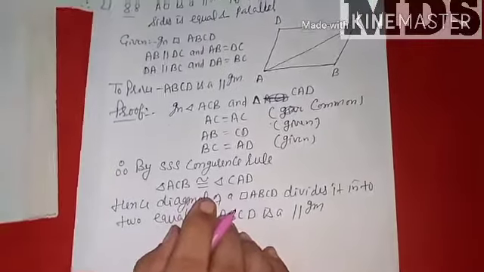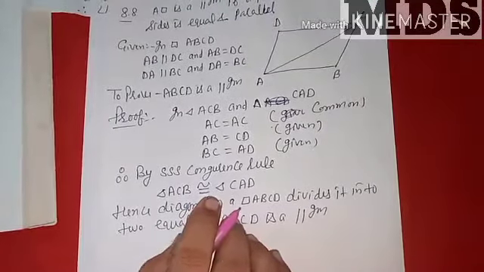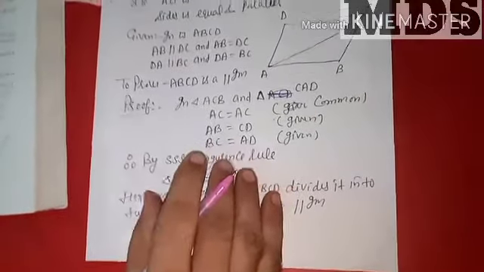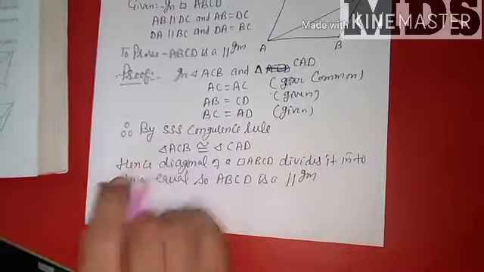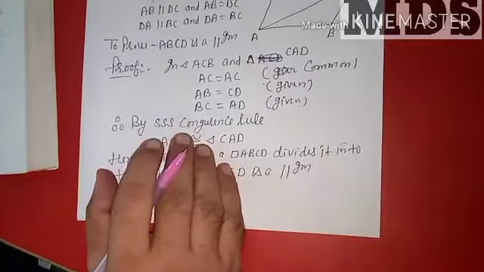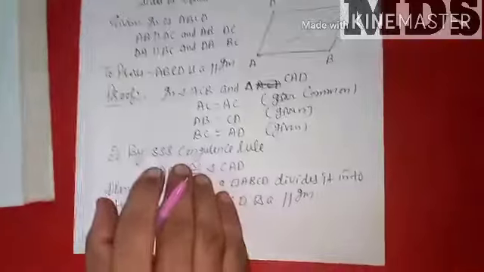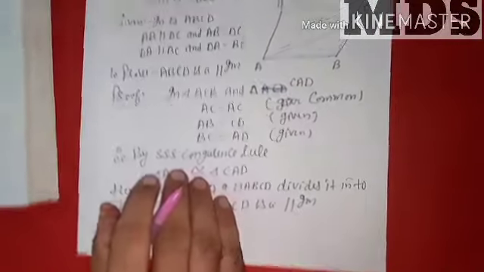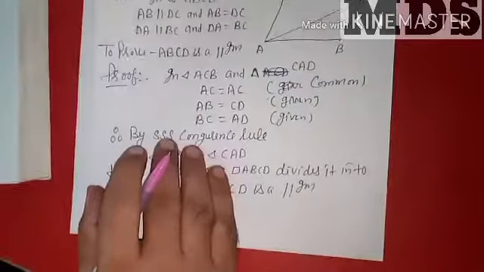So example number 6 plus this exercise we can start later on. So these are the properties of a parallelogram. What are the properties of a parallelogram? The diagonal of a parallelogram divides it into two equal parts. Second condition, if both pairs of opposite sides of a quadrilateral are parallel, then it is a parallelogram.